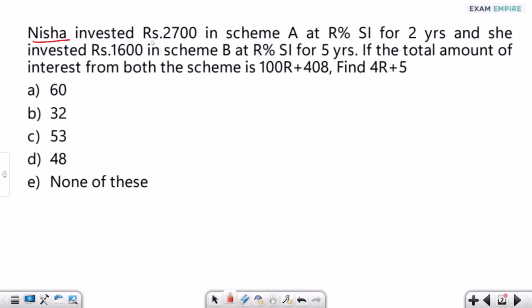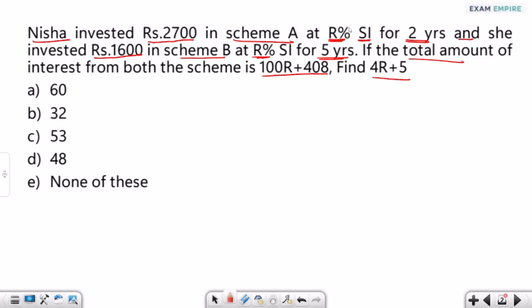Nisha invested rupees 2700 in scheme A at R% per annum simple interest for 2 years, and she invested rupees 1600 in scheme B at R% per annum simple interest for 5 years. If the total amount of interest from both the schemes is 100 R plus 408, find 4 R plus 5.